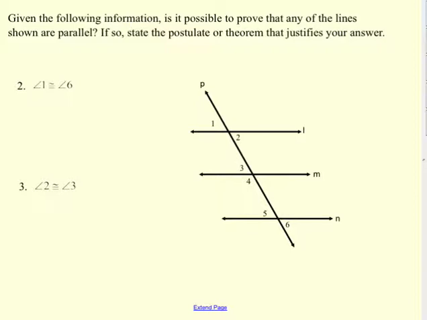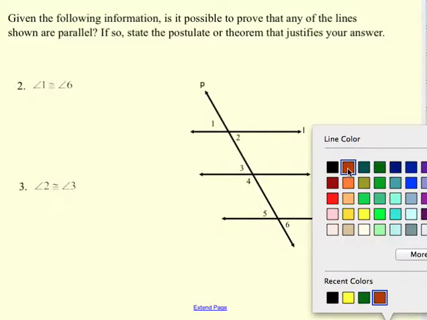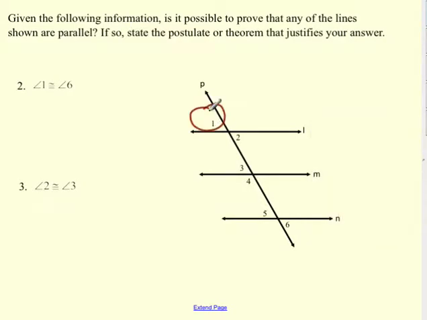So first and foremost, we're taking a look at number 2. Okay, so it's saying that angles 1 and 6. So I see that that's dealing with this line N and this line L. So what I notice is that they're on opposite sides of the transversal and they're on the outside. So that makes them alternate exterior angles. Well, it gives me that angle 1 is congruent to angle 6.